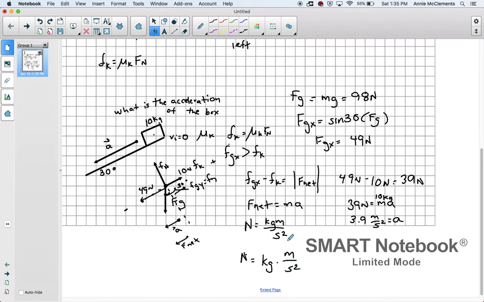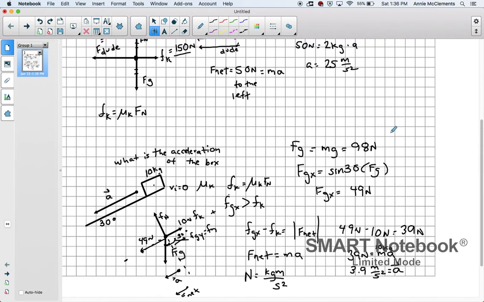So these units are equivalent, which is why you can relate newtons to kilograms to meters per second squared. But make sure that, if you're asked to solve for an acceleration, your answer should not be in newtons or kilograms. It should be in the correct unit for that value.